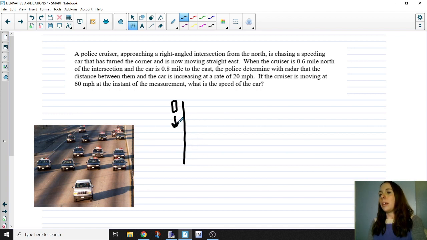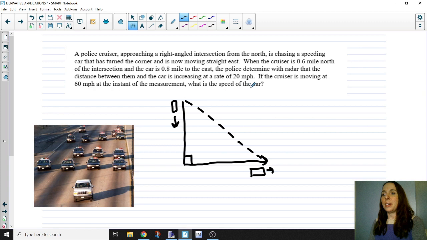And the speeding car has turned and is moving east in this direction. There it is. It's going that way. That's supposed to be a right angle there. The police determined that this distance is changing at a rate of 20 miles per hour.